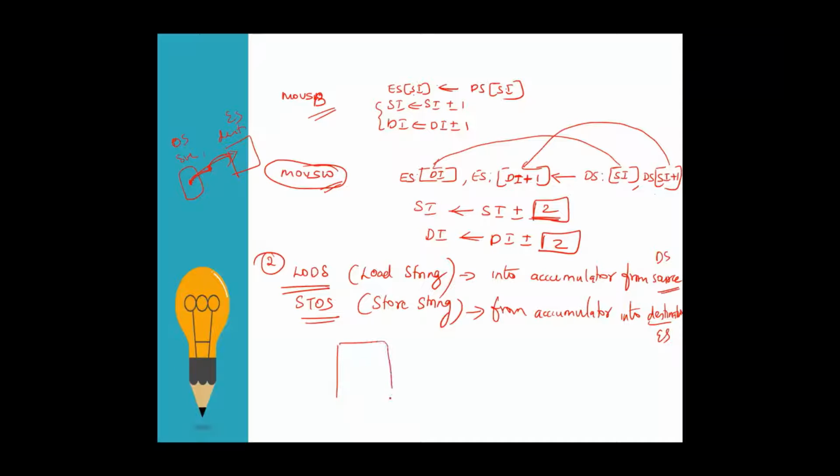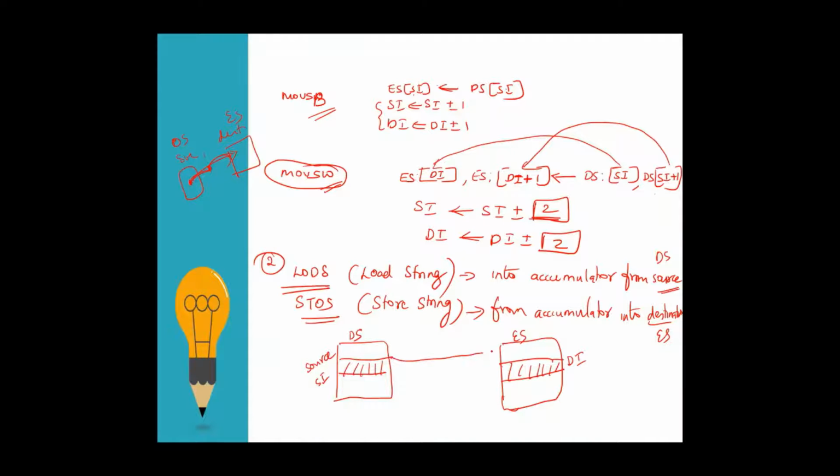तो मतलब बात इतना ही है, ये अपना डेटा सेगमेंट है, यहाँ पे कोई तो सोर्स स्ट्रिंग है which is indexed by SI. इसको आपको डेस्टिनेशन में मूव करना है. डेस्टिनेशन आपका एक्स्ट्रा सेगमेंट है whose offset address is given by DI. So you want to move some data, okay, say this block of data from here to here. But आपको बीच में उसको थोड़ा modify करना है.